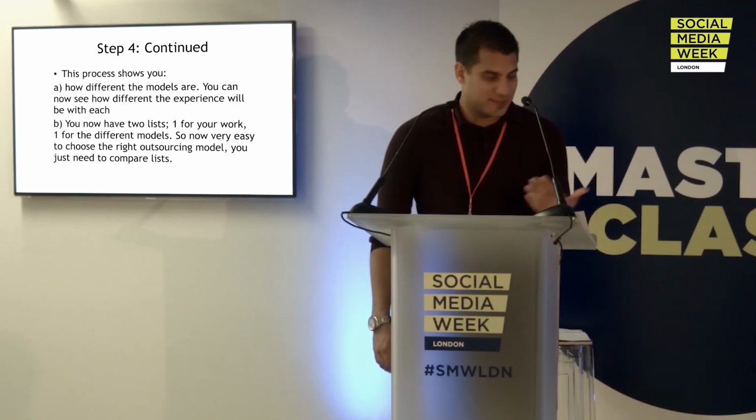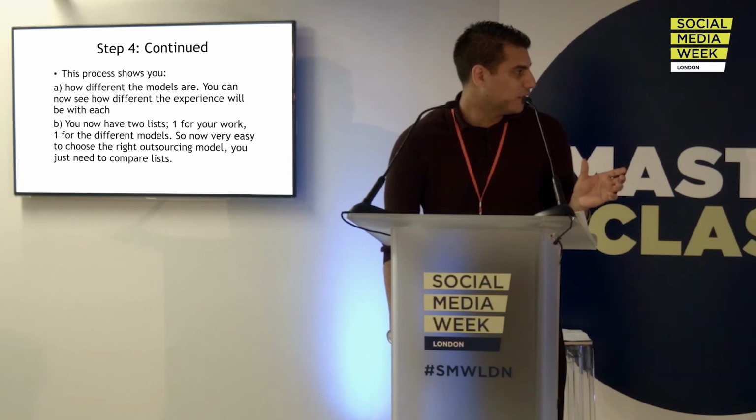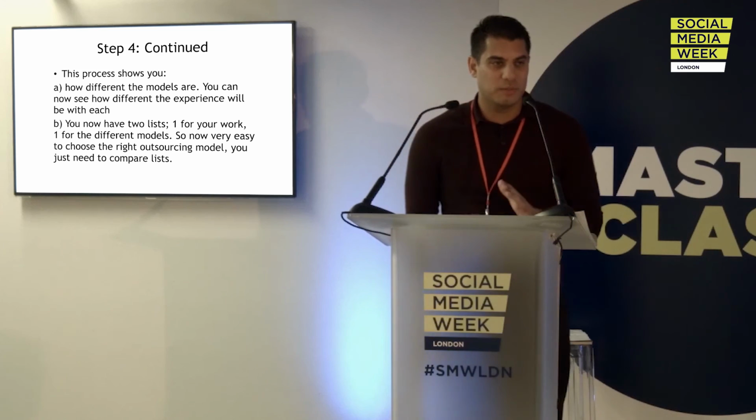Because essentially there are 2 lists, and you just need to look at the lists and see which ones align with each other. So let's take an example: if you have a set of work where you want high levels of project management control and high levels of interaction, then you know, okay, I'll go for a remote staffing model. And that's why this process helps to break things down a lot.